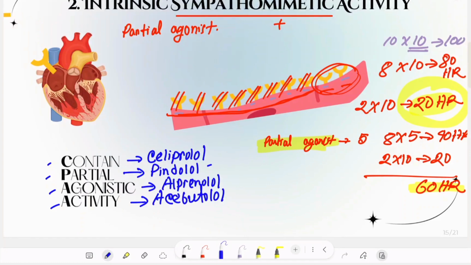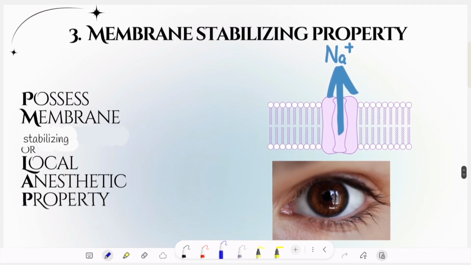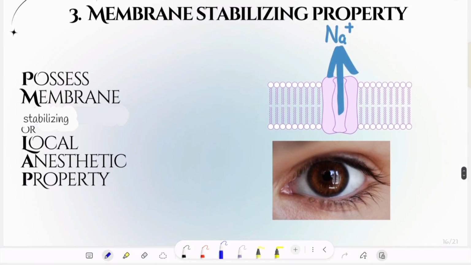And now we will move to our third property of beta blockers, that is the membrane stabilizing property. Can you tell me which channel causes depolarization of the cell? Yes, it is the sodium channel. The sodium channel causes depolarization of the cell. So if we block the sodium channel, there will be no depolarization and the membrane will be stabilized.